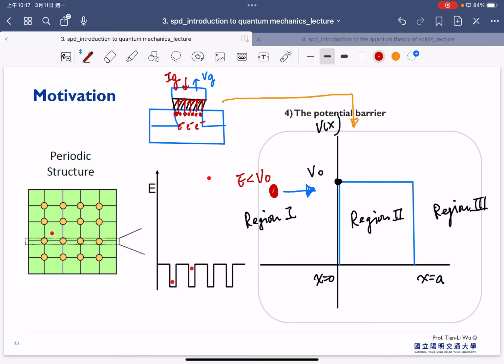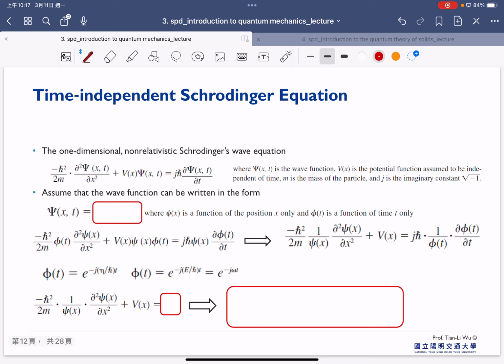Okay, so to further understand each case, we need to use some mathematical tools. The mathematical tool we have to use is Schrödinger's equation. That's very well known, but sometimes it looks scary. Just try to remember that this equation is not trying to confuse you. It helps prove our physics understanding, to indicate what the physics result would be in the different cases.